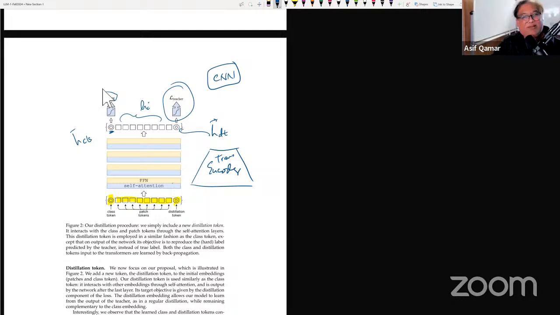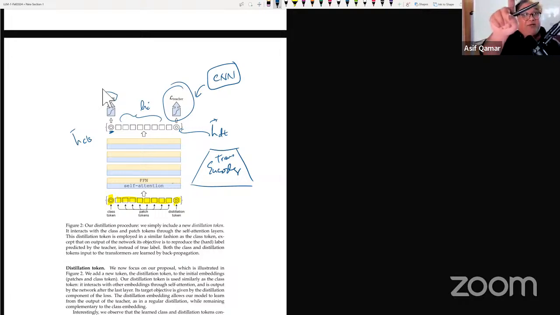So what these people did was something pretty smart. They used a CNN network, through which the image also went, which they haven't shown in the picture, to produce a token of its own, which was used to tell whether it's a cat or a dog or a bird or whatever it is, right? First of all, a CNN was trained as a classifier, so then it will become good.